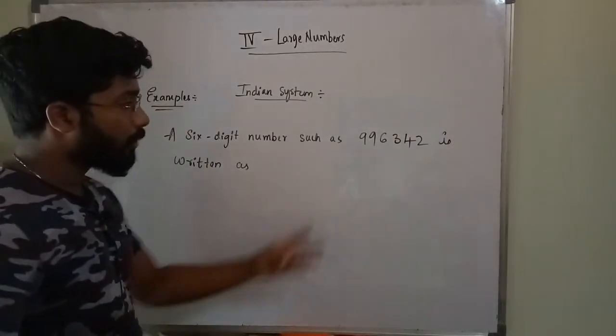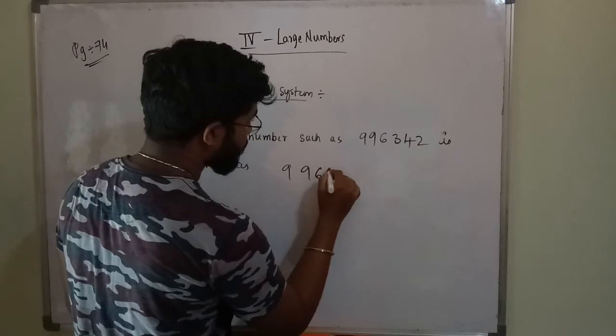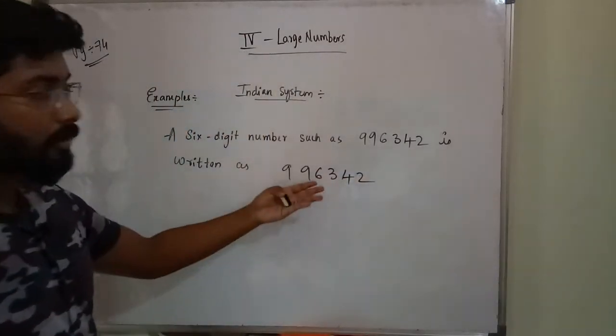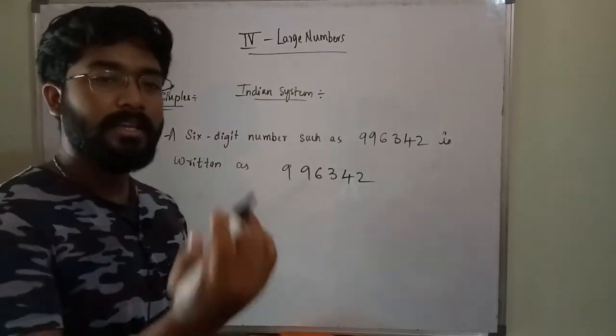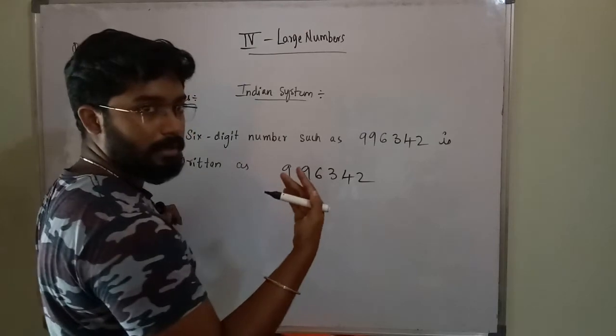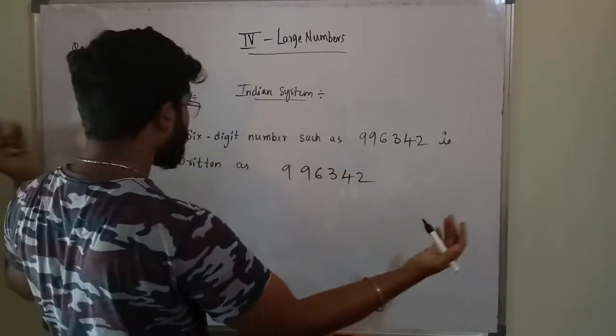So you have to divide this number 996,342. We have to separate each period with a comma, coming from right to left. Always separate with commas starting from right to left.